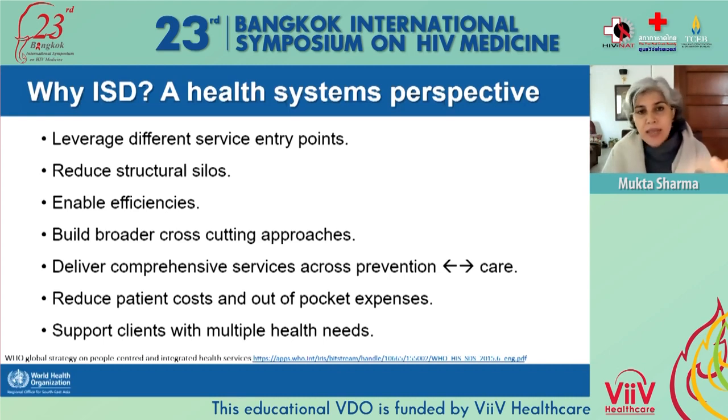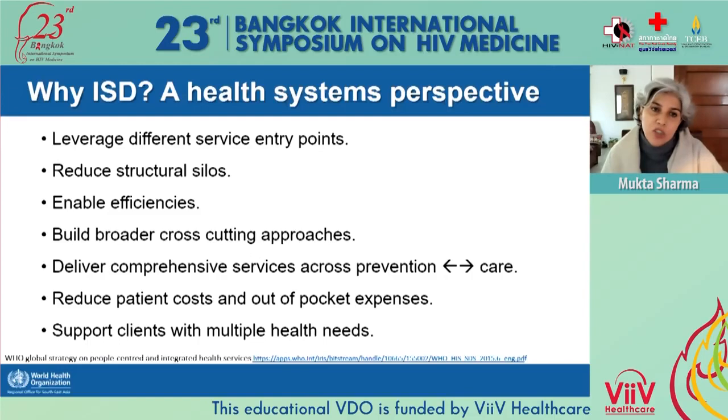And while that was a necessity in the past, and some of that still needs to continue in the current setting in some contexts, overall, the epidemic has evolved and the response cannot be as it was 20 years ago. We have to think about HIV now as something which has to be delivered, HIV care has to be delivered as a sustainable solution within an integrated, resilient health system.